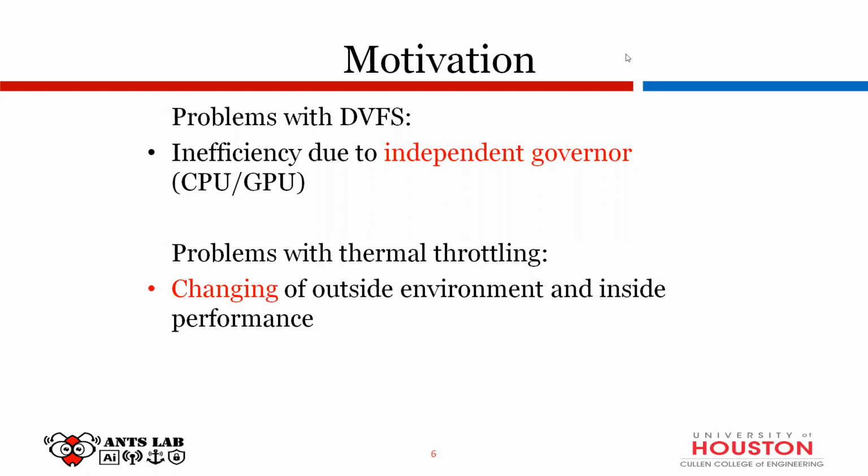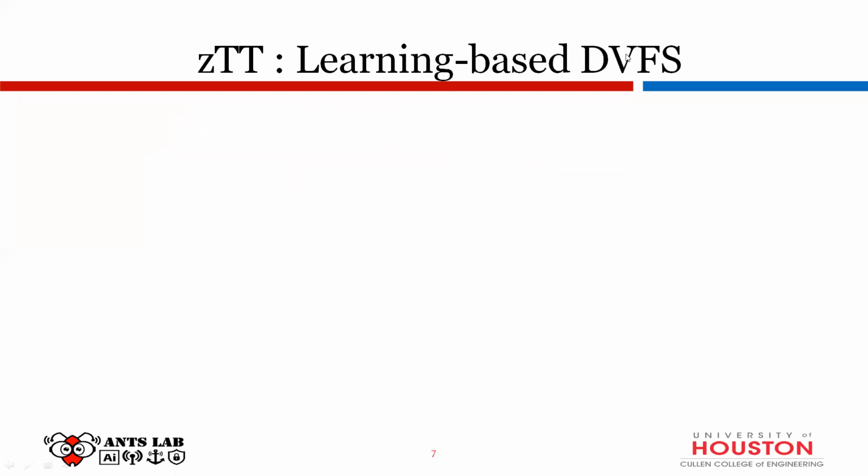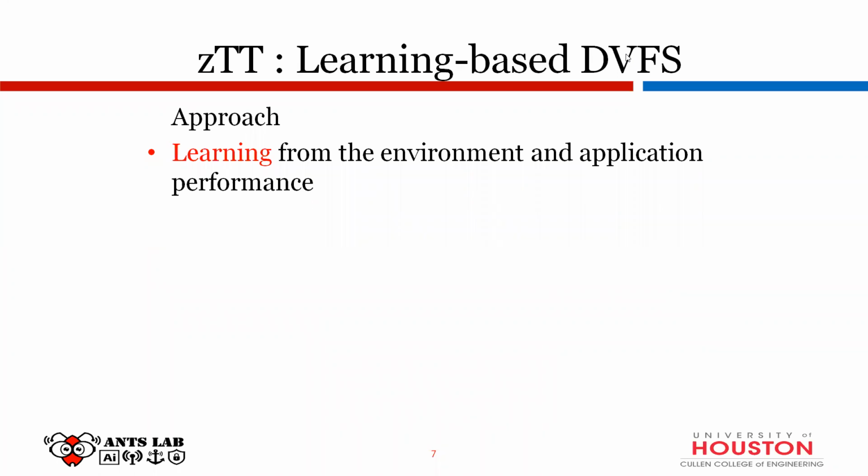We will be introducing zTT, learning-based DVFS. zTT refers to zero thermal throttling. The approach here is first to learn the environment and application performance. There are two: the outside environment and the inside application.